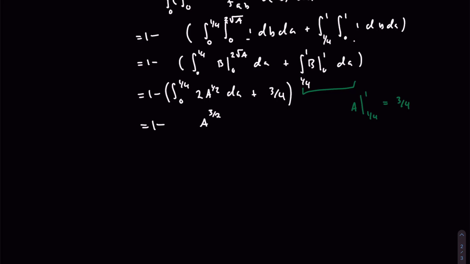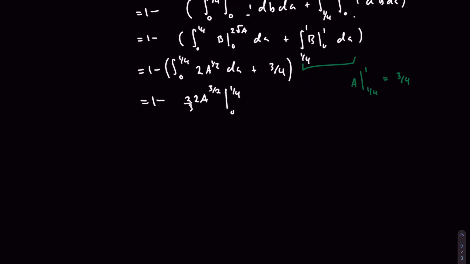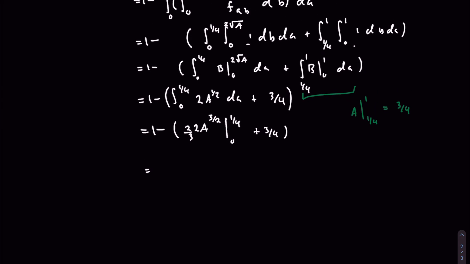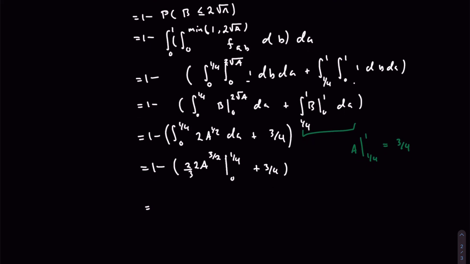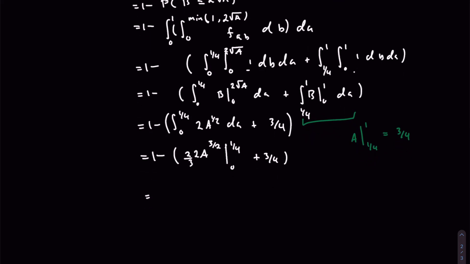And then we have to divide by the same amount, so we have 2 here, and then we have 2/3 to cancel that out, and we're doing it over the region 0 to 1/4. Okay, plus 3/4. So it's a little involved, as you can see, but still, this is a nice way to verify whether the first answer was correct.